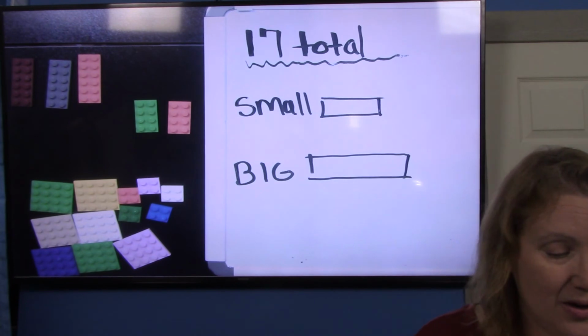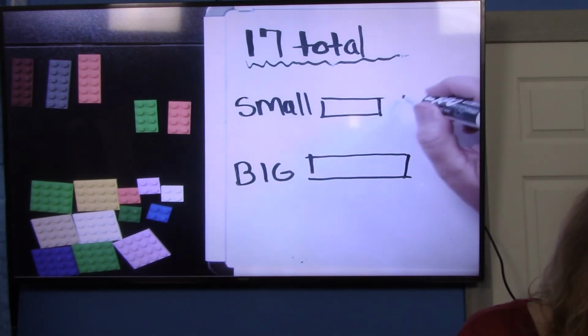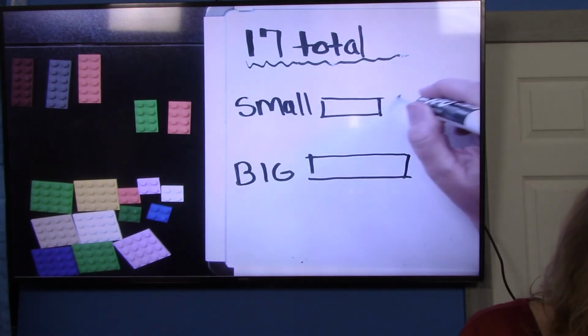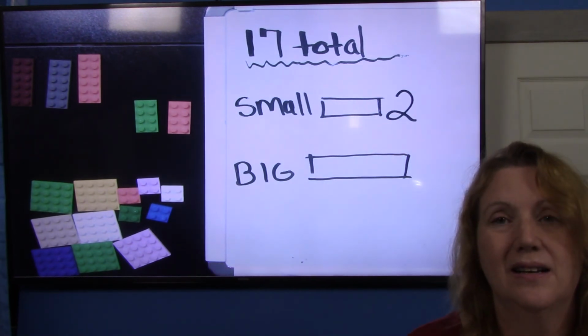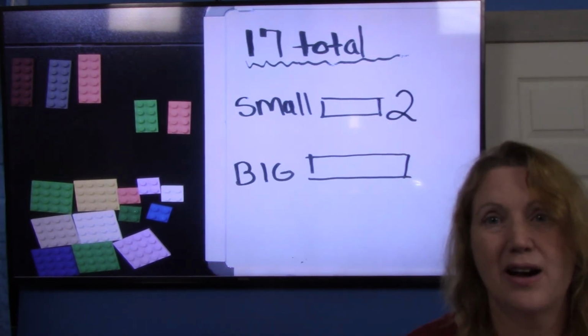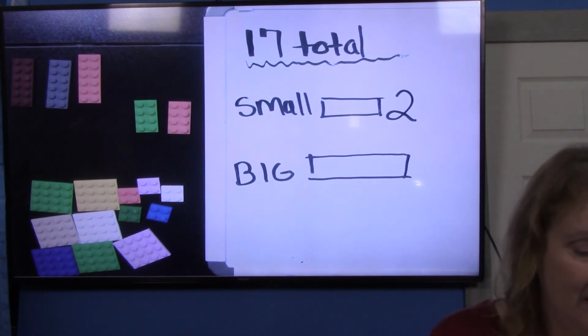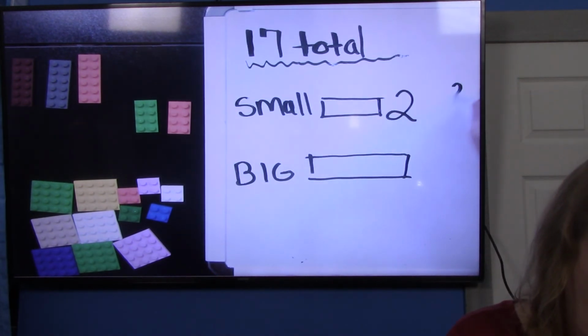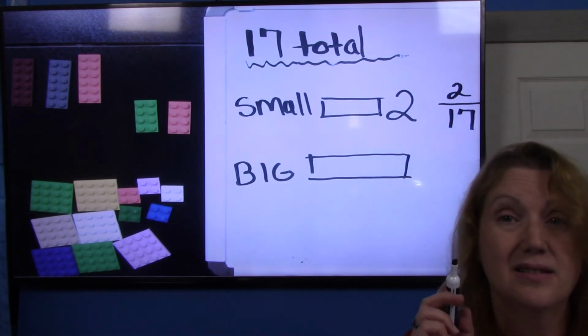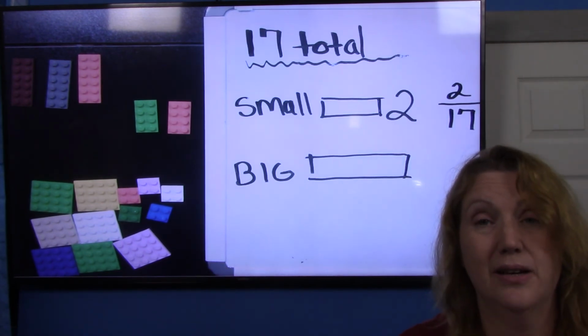Hopefully you see that there are 2 small rectangles. Now write it as a fraction. Maybe you've already done this. 2 out of 17. I still have 17 total Legos.